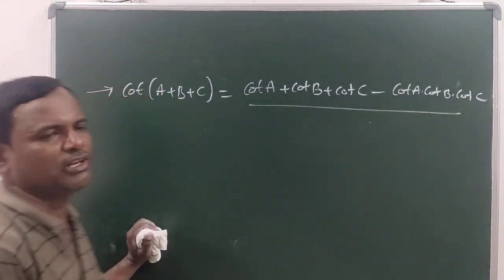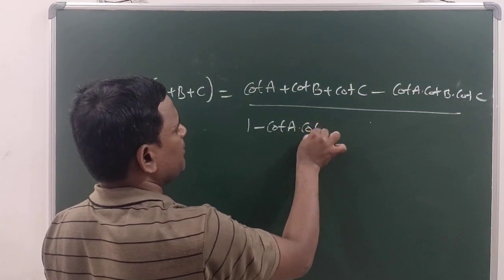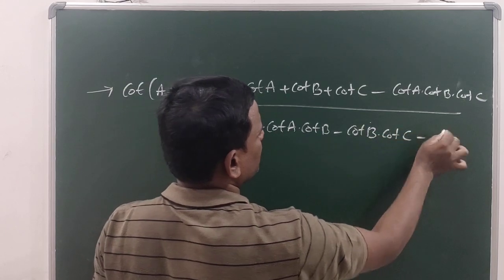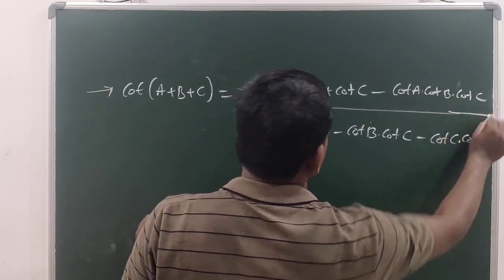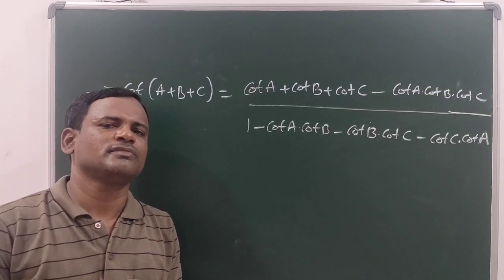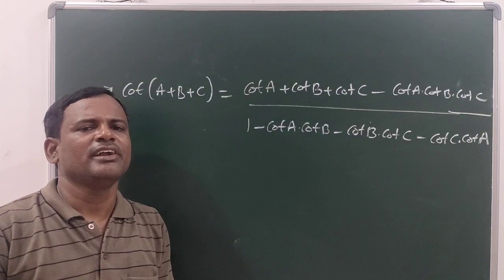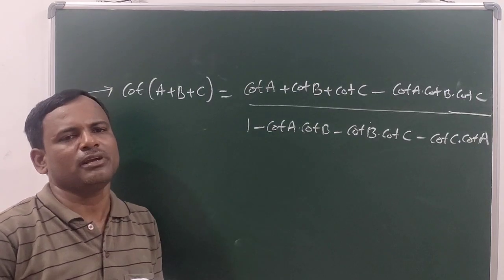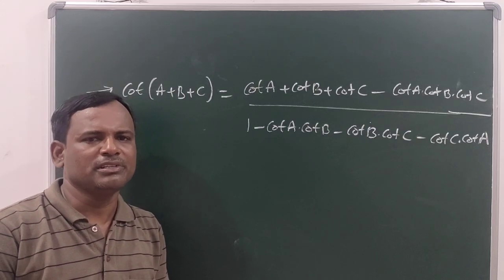Same like the previous one you will get. This is the cot(A+B+C) formula. Here also there are conditions for A, B, C, the same conditions we discussed for cot(A+B) and tan(A+B) are applicable for tan(A+B+C) and cot(A+B+C).